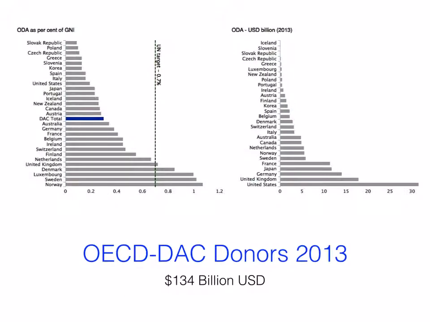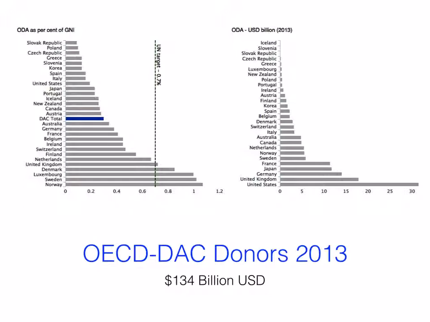Now, there's agreement in the development community that the wealthy countries of the OECD DAC should give a target of 0.7% of their own gross national income to foreign aid for development purposes. That's 0.7%. And as you can see on the image on the left, this shows you what percentage of their own income these countries are giving away as foreign aid.